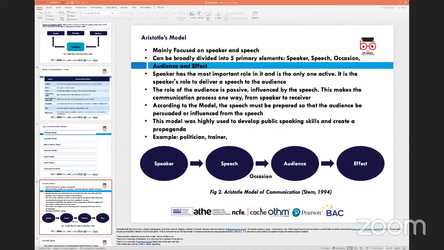What I've done on the slide is explain why this model is more suitable when you're looking at persuasion and public speaking, specifically when you attend, for example, a political rally or a particular training. The first aspect, ethos, refers to the credibility and character of the speaker. According to Aristotle, an effective communicator should be able to establish their credibility and gain the confidence of their audience.